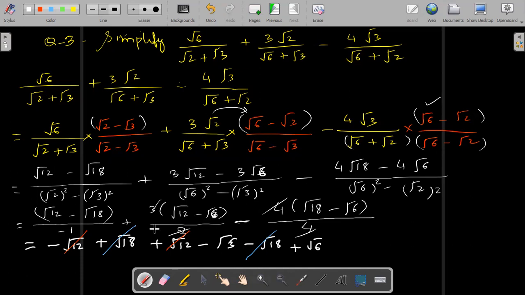So root 6 and root 6 will also cancel. Therefore this minus root 6 will cancel with plus root 6. All has been cancelled. We got the answer 0.